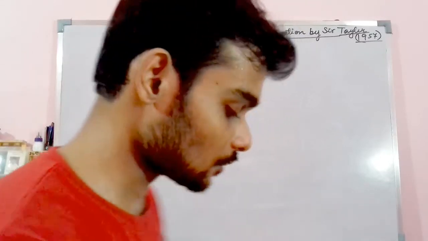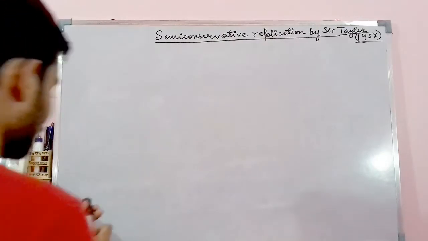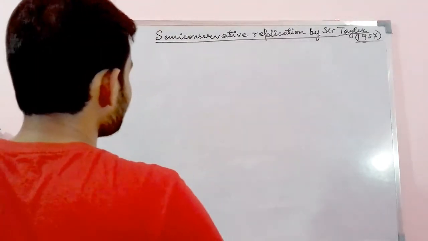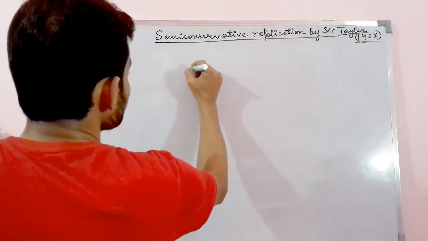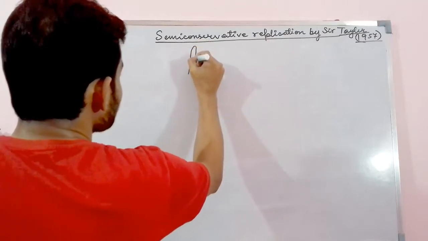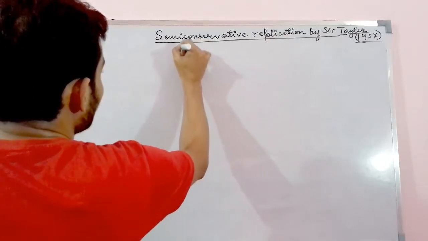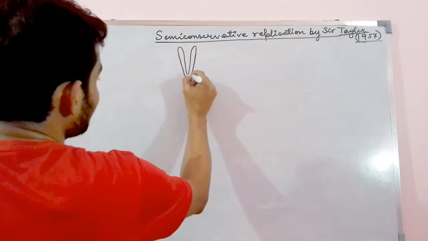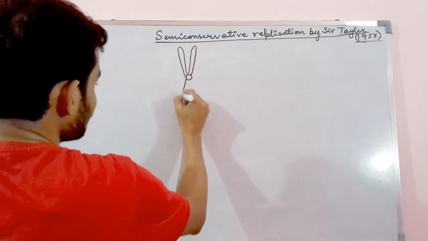The symmetry of the chromosome is very well organized. So if I draw the normal chromosome, suppose this be the normal chromosome of the broad beans, Vicia faba.